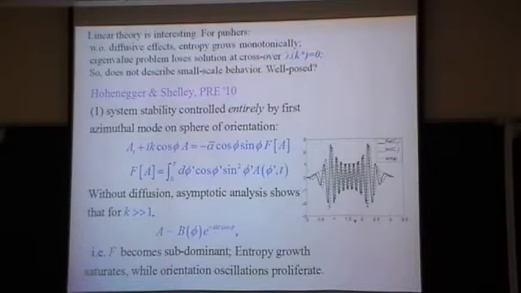What this is telling you is that in linear theory, you do not have the growth of concentration fluctuations. The instabilities in this system are orientational instabilities in terms of the directions of the dipoles. You have a perturbation, and they'd like to line up, but there's not a dynamics in linear theory that says they're going to concentrate.